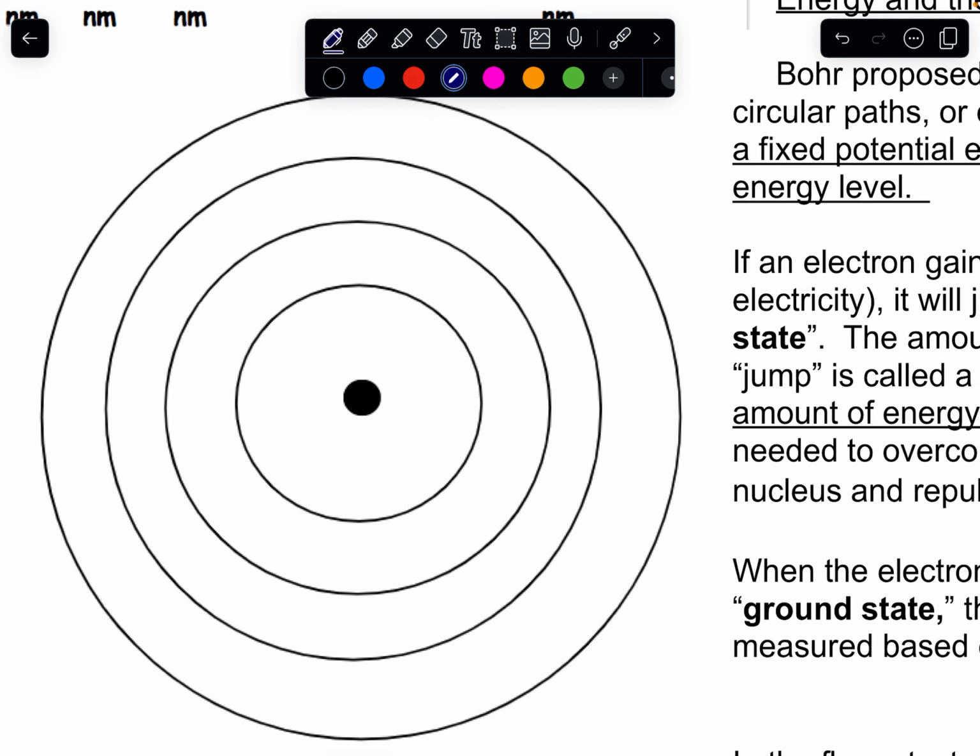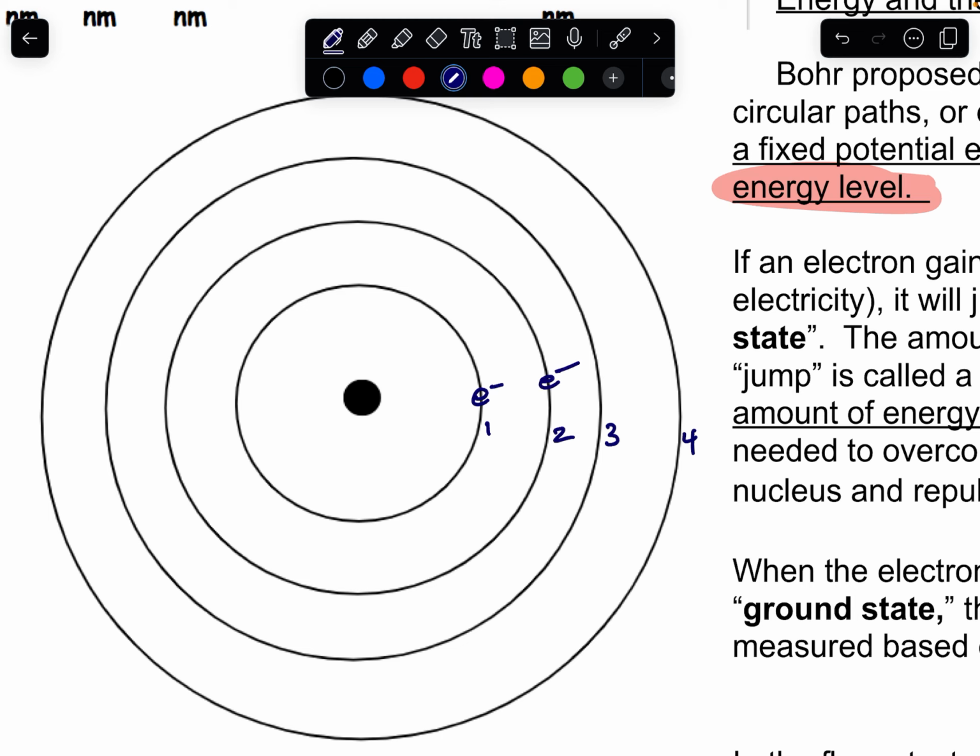If I look at this one here on the left, I've got my black spot in the middle, there's my nucleus, and I've got these rings on the outside. I'm just going to label them 1, 2, 3, 4. These rings are what we call energy levels. These energy levels are places where the electrons can be.